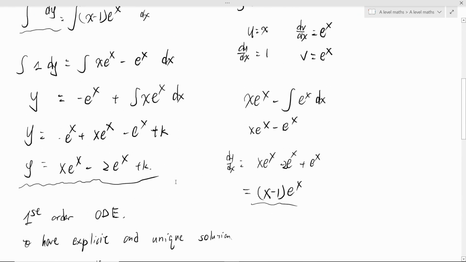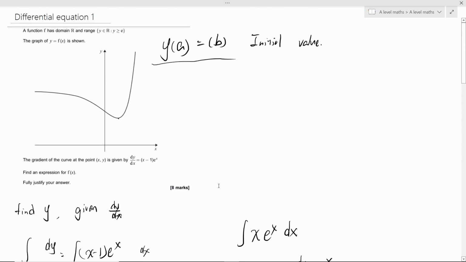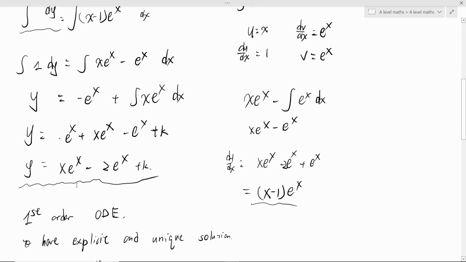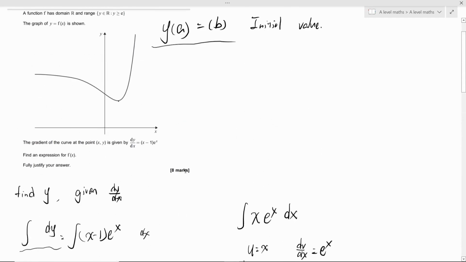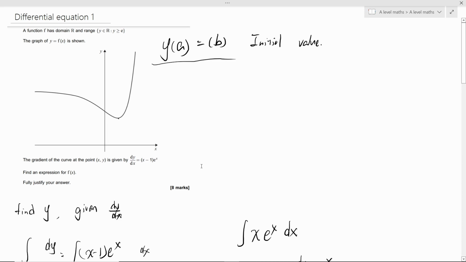But what's really interesting is what proceeds from here, okay? Because many people would know that if we have an initial value, then we can just substitute and solve for the constants. However, in this particular question, the initial value was not stated explicitly, and that stops a lot of people from actually completing this question.